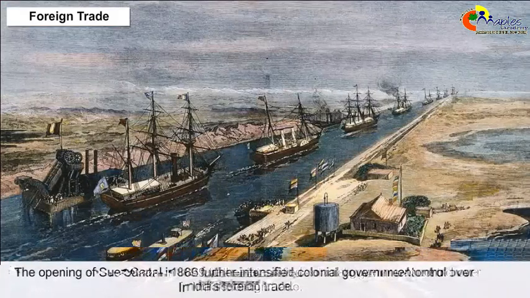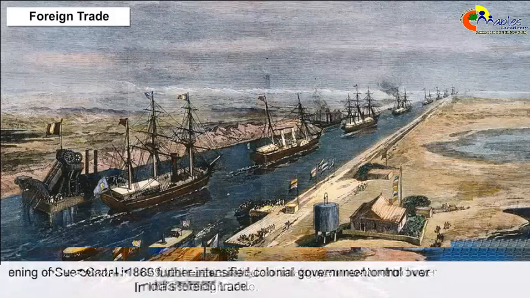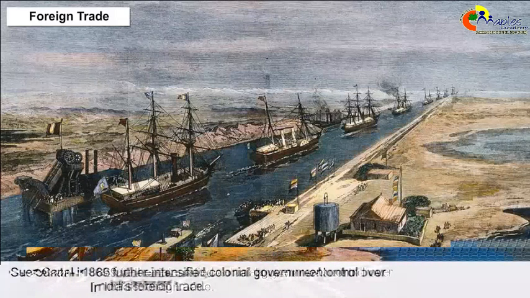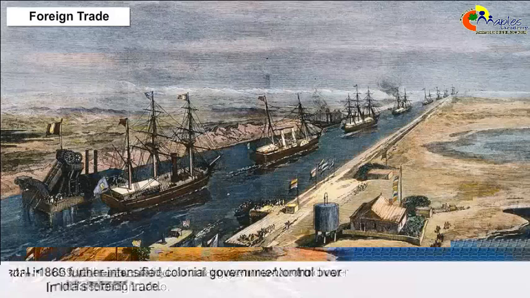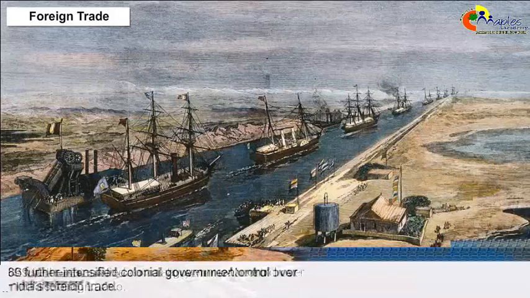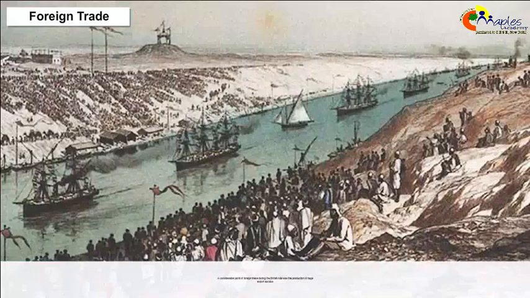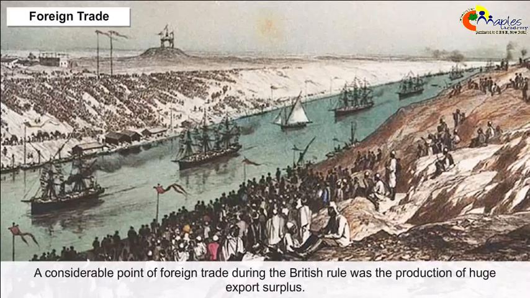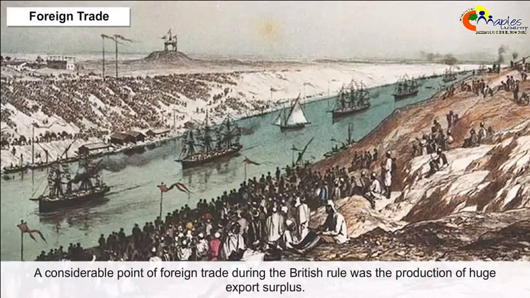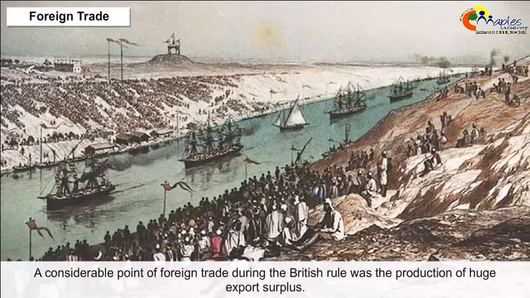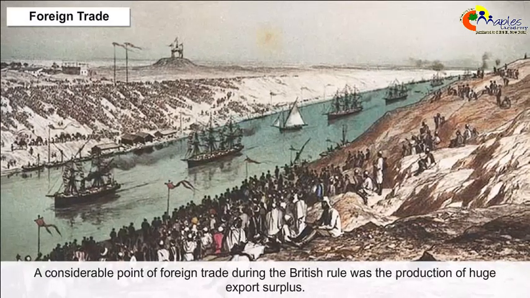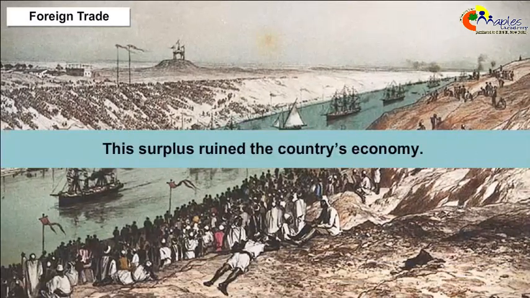The opening of the Suez Canal in 1869 further intensified colonial government control over India's foreign trade. A considerable point of foreign trade during British rule was the production of a huge export surplus. This surplus ruined the country's economy.